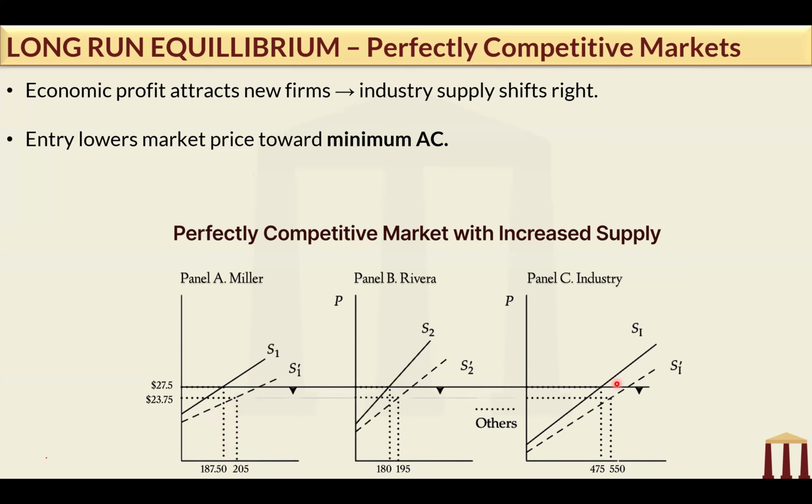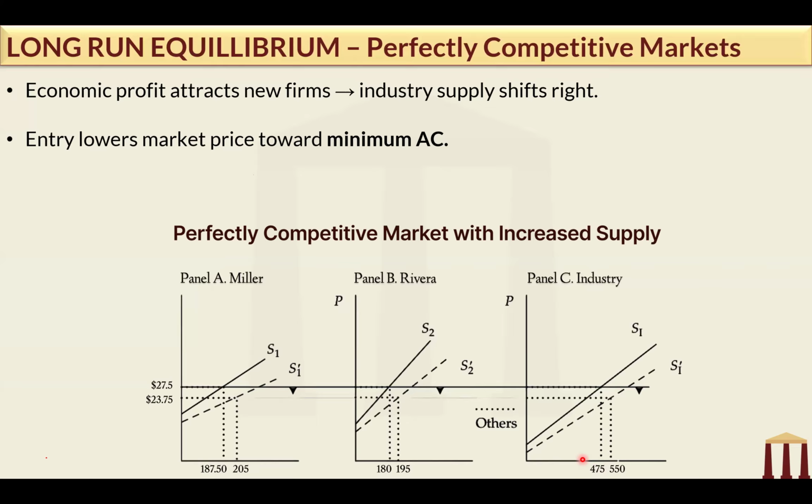Let's talk about the industry only. This was the earlier price, 27.5. It is true for individual firms as well as the industry. But now this entire supply curve has shifted to the right. The issue is that at every price level, the amount of output has increased.